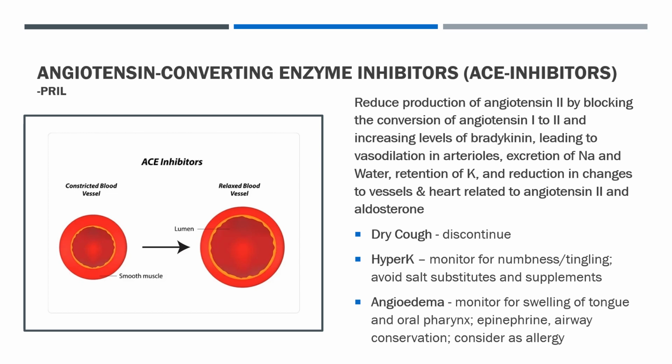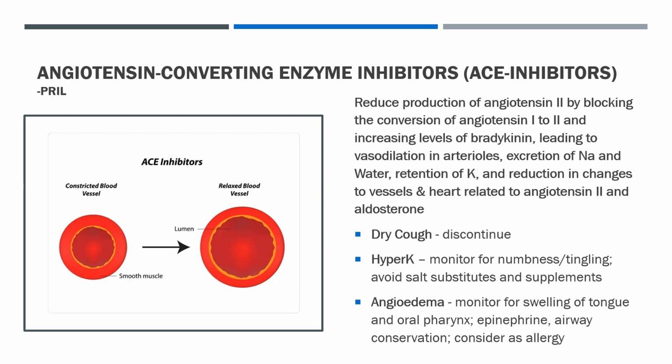The other thing that can occur with ACE inhibitors is hyperkalemia. So monitor for numbness and tingling, and make sure that we're avoiding salt substitutes and supplements of potassium. For someone that's trying to avoid salt because of heart failure, kidney failure, whatever, they're trying to not retain fluid, they may change to a salt substitute.